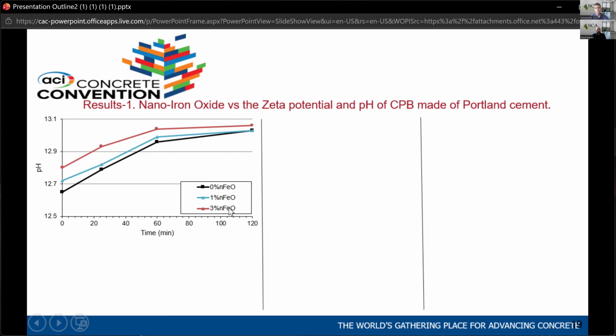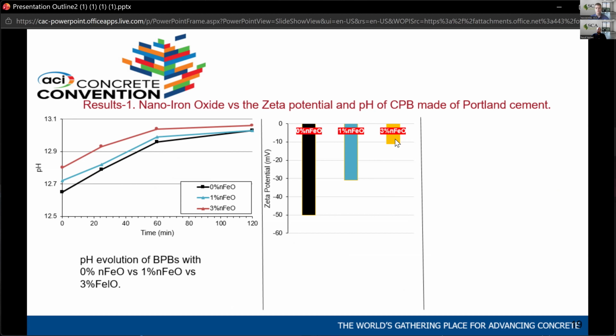You see the pH is higher with more iron oxide. And the zeta potential is less when we use more nanoparticles.